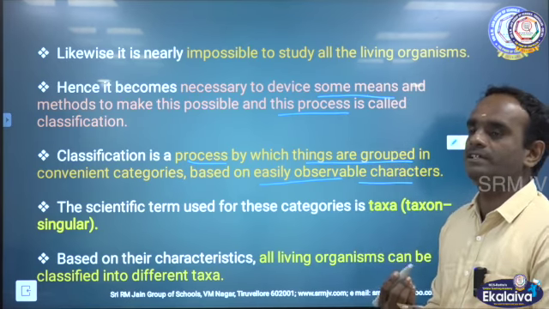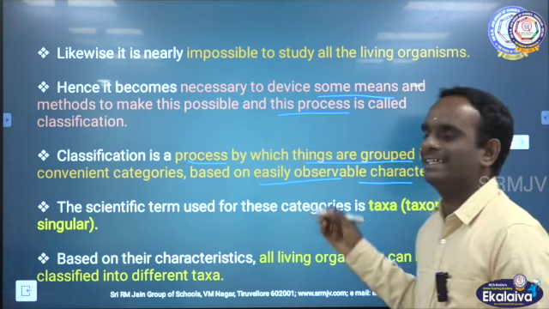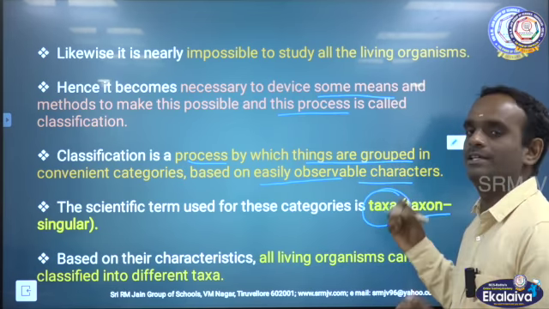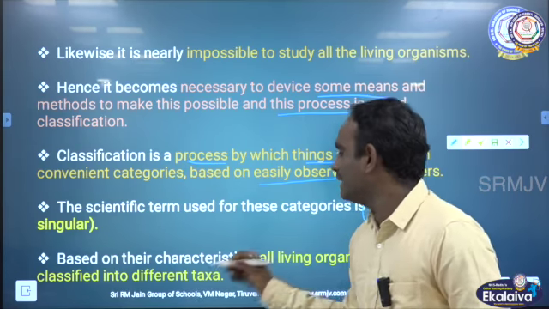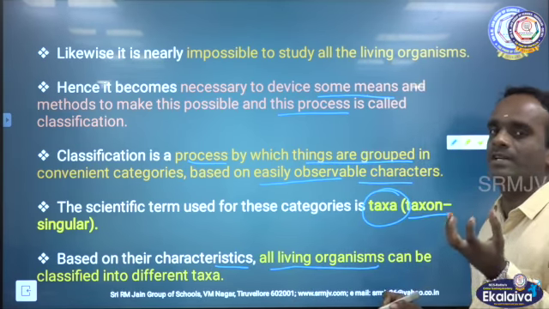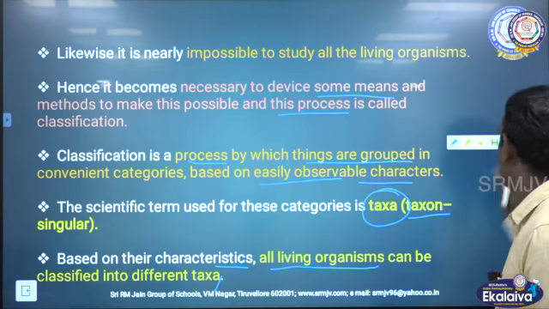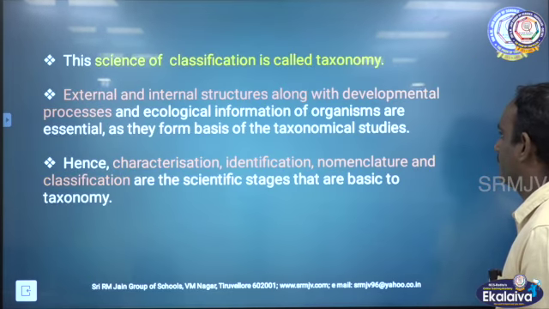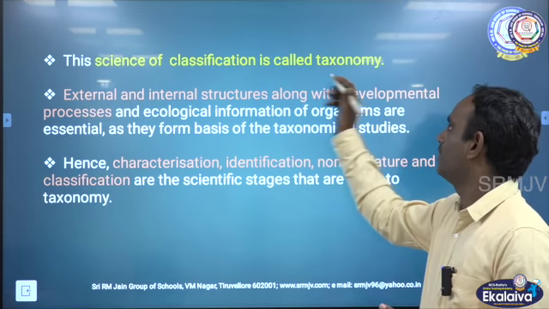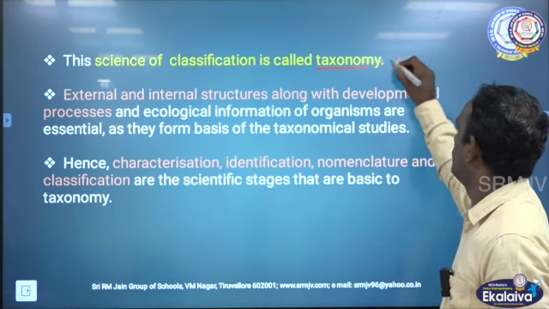So, the scientific term used for these categories is taxa, taxon in the singular. Okay. So, based on their characteristics, all living organisms can be classified into different taxa. The science of classification is called taxonomy, very important.